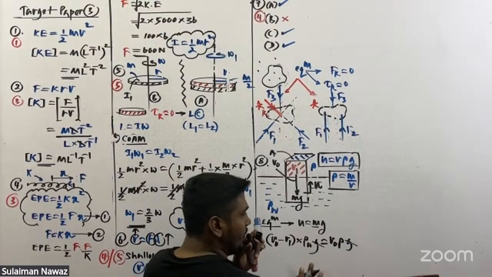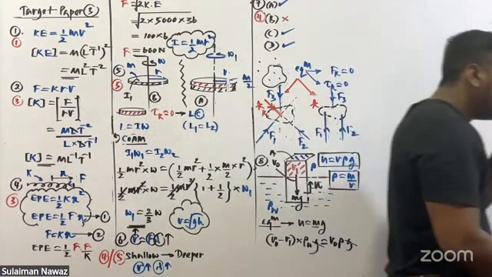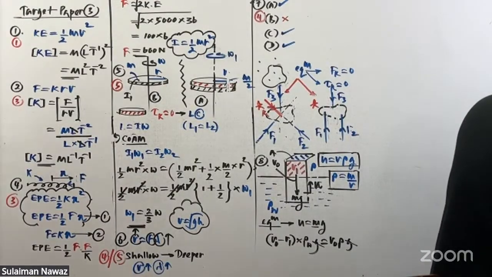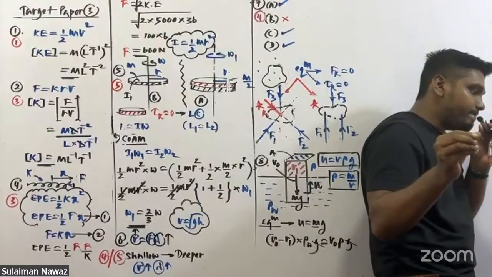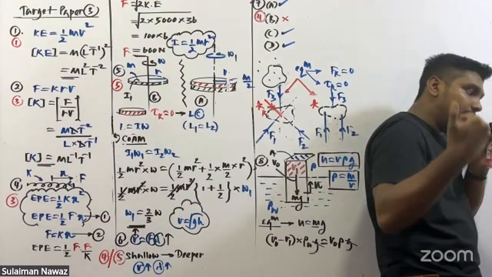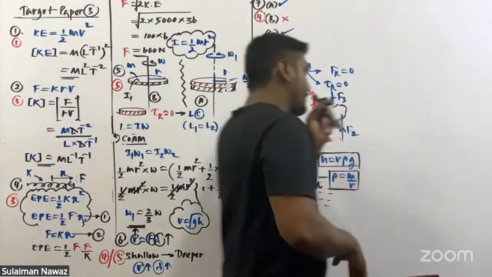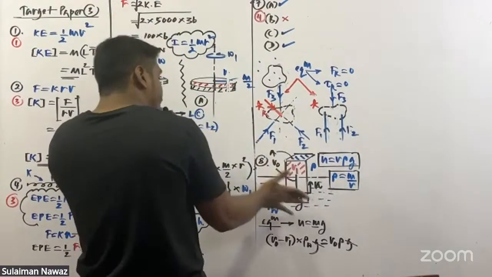What they're actually asking in the question is to find the percentage of the volume of ice which is above the surface of the seawater. The volume above the seawater is V1 and the total volume of the ice cube is V naught.